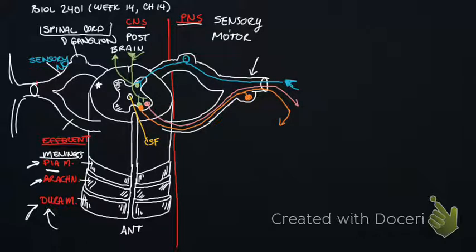Okay, so a sensory neuron would sense information, or sensory receptors, and then take information into the spinal cord through its certain structures. So what structures do we have here? This would be the spinal nerve, and then it takes it down the posterior aspect.